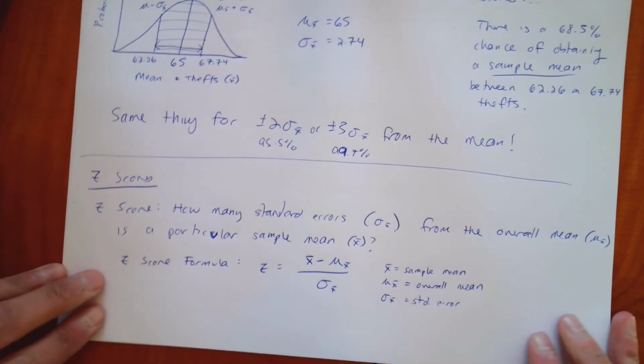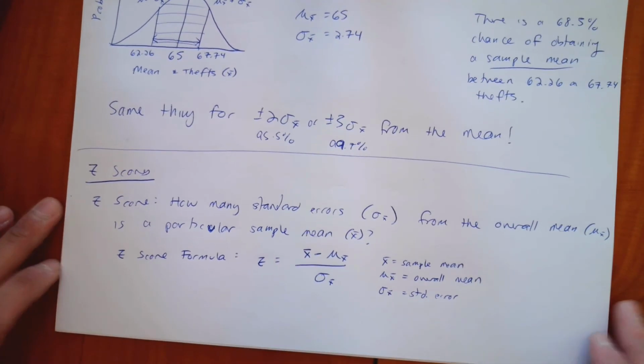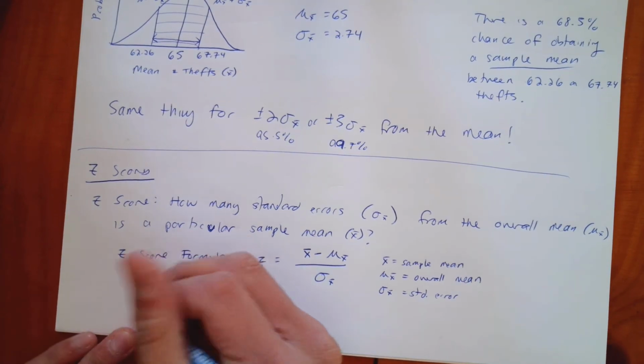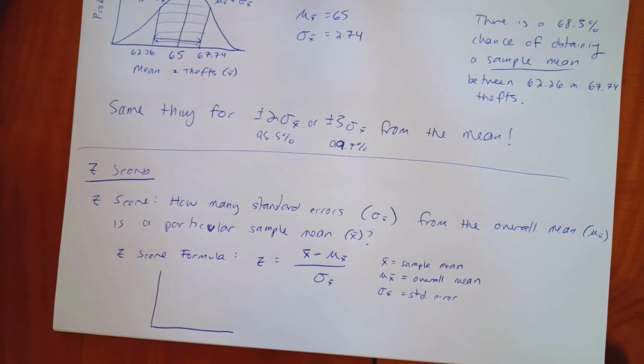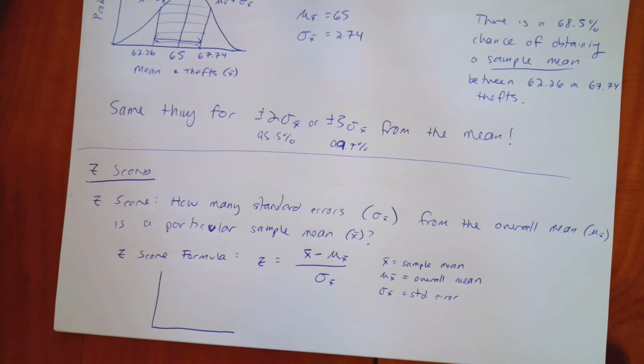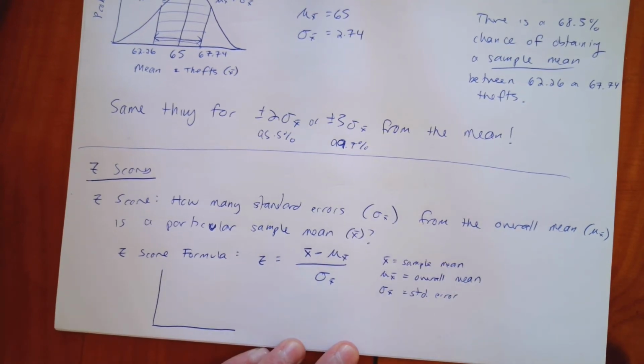And with this formula, we can find a z-score for any possible sample mean that you could get. As an example, let's say we're interested in finding the z-score for 60 thefts.